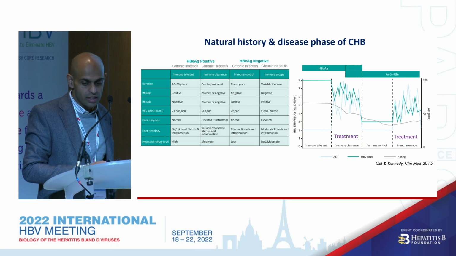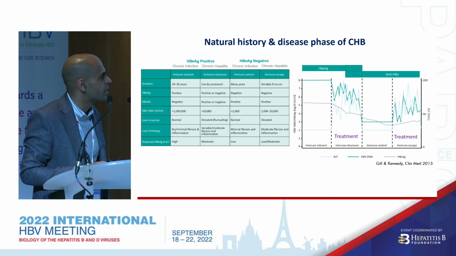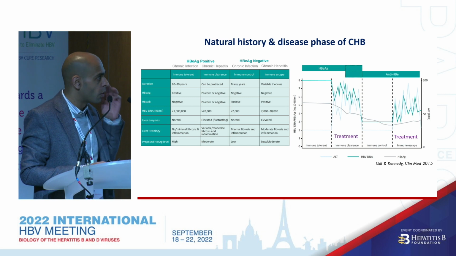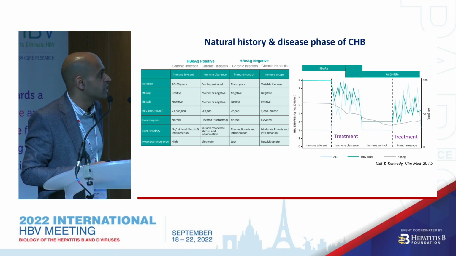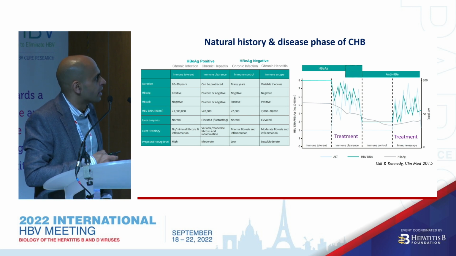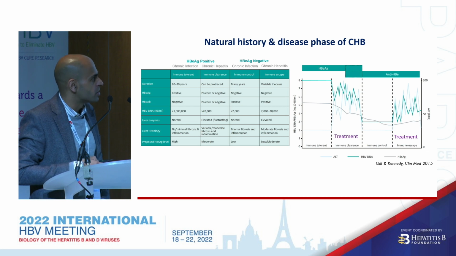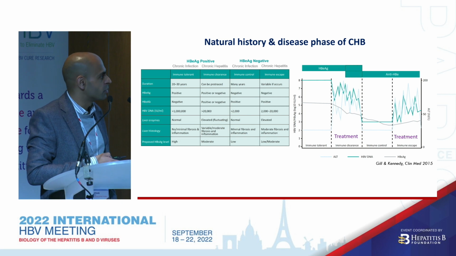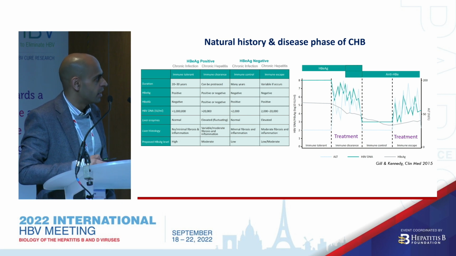But really, treatment at the moment is in those phases where there's an elevation of transaminases, or an elevation of the HBV DNA. In the phases where there's quiescence of ALT and HBV DNA, the immune control phases, treatment is still not really given.